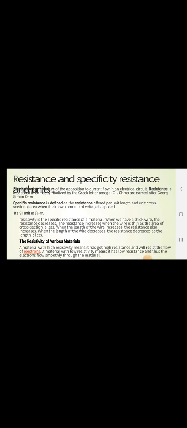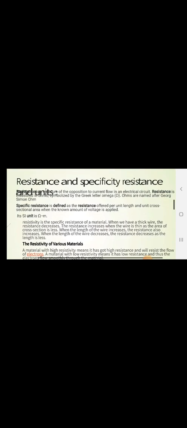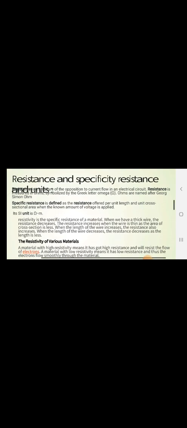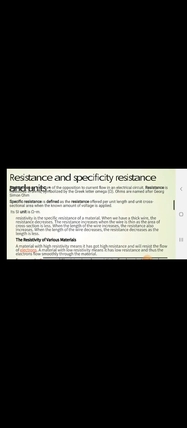And resistance and specific resistance we have to know, and their units also. What is the resistance? The force which opposes the flow of current in an electric circuit is called resistance. Resistance is a measure of the opposition to current flow in an electric circuit.